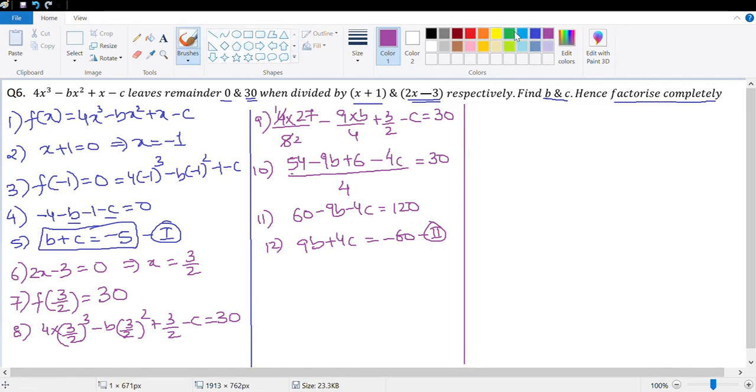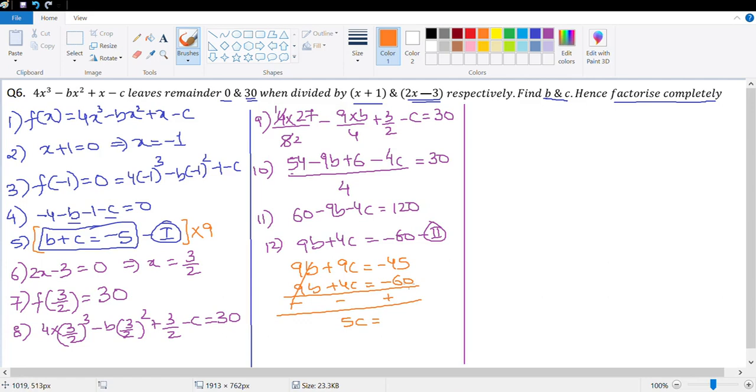Now let's solve these two equations simultaneously. I have b plus c and I have 9b plus 4c. Let's multiply the first equation with 9, so we'll be able to equate the coefficients of b. So we have 9b plus 9c is equal to negative 45 and 9b plus 4c is equal to negative 60. Let's subtract. 9b minus 9b gets cancelled. 9c minus 4c gives me 5c.